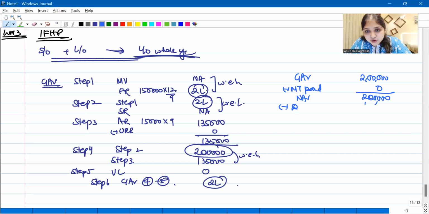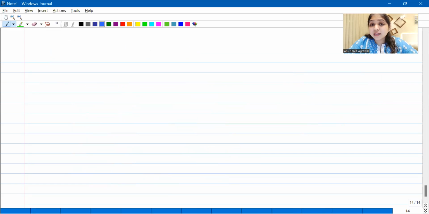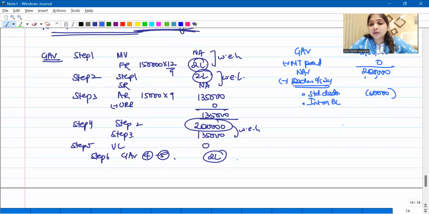Now tell me, what do we subtract, deductions under which section? Deductions under section 24. Two deductions we will have. Number one, we will have standard deduction at what rate? At the rate of 30%. 2 lakh into 30%, that's going to be 60,000. One more thing we subtract. We subtract interest on borrowed capital. As soon as you write interest on borrowed capital, two things should come to your mind: pre-construction interest and current year interest.